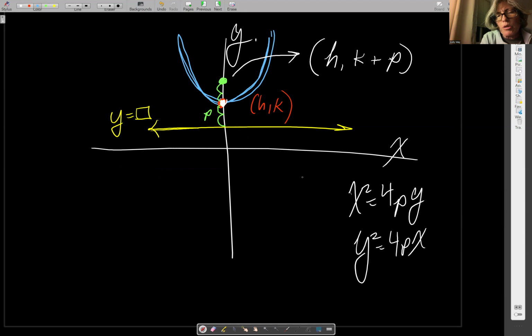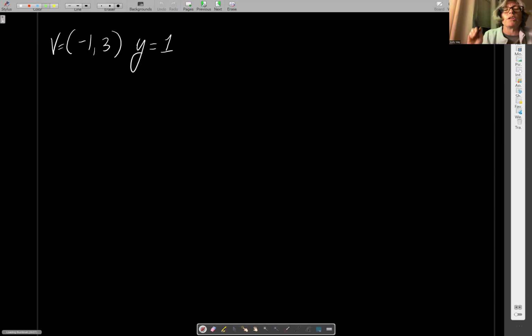This one is going to be parabolas that open up or down, and this one is going to be parabolas that open left to right. So we're going to do two very simple equations.